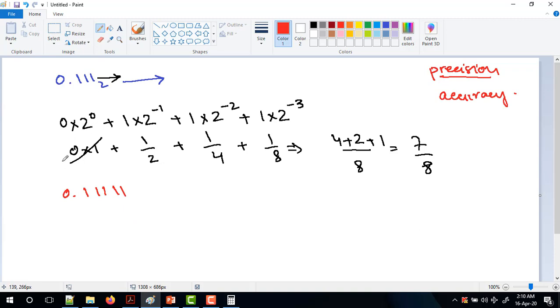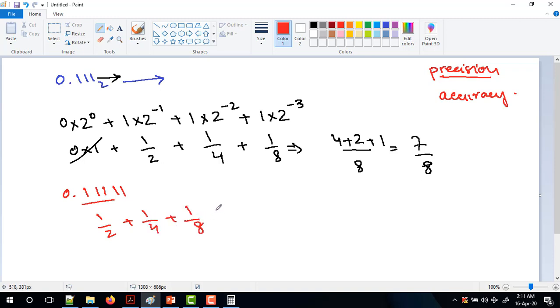So we know that all these three bits will be, the left term which is against the point will be 0, and up till now it will be 1 upon 2, it will be 1 upon 4, it will be 1 upon 8.